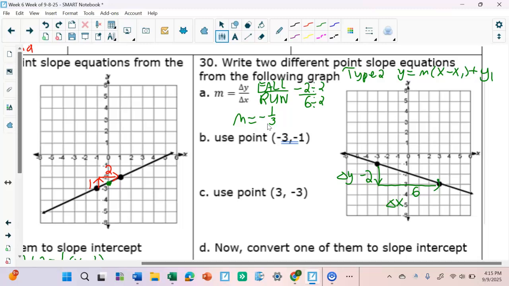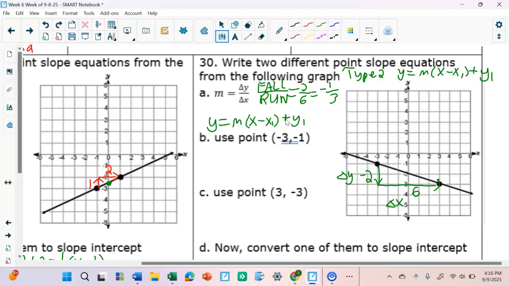Okay, for type 2, I think I can fit it up here. Okay, for type 2, you go y equals m x minus x1, and all we're doing is adding y1 to the right side. I need to shrink those words.